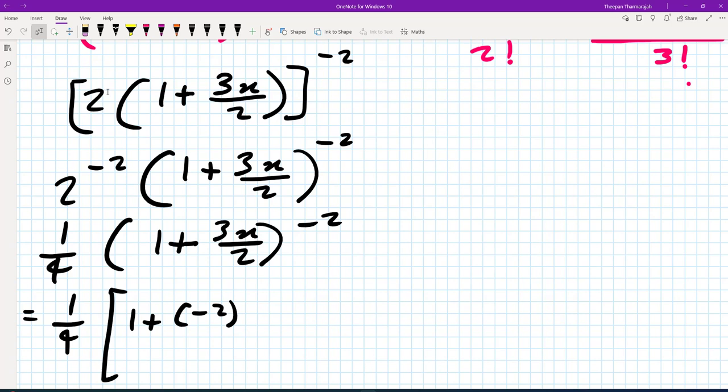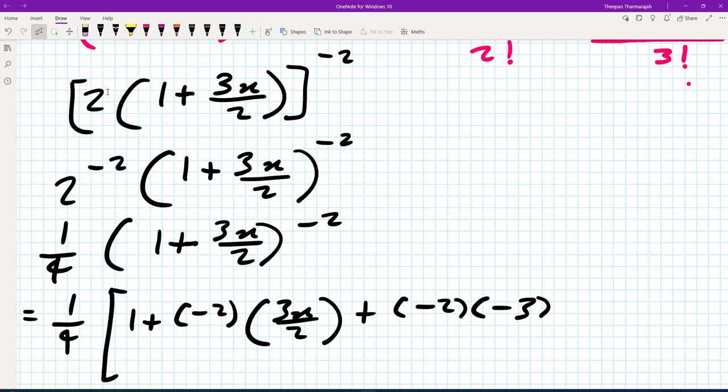So plus minus 2 times, in our case, x is 3x over 2, as I've shown in previous videos, and then we just do the same thing here. Minus 2 minus 3 times 3x over 2 squared divided by 2 factorial.